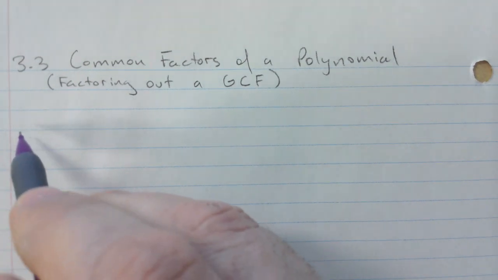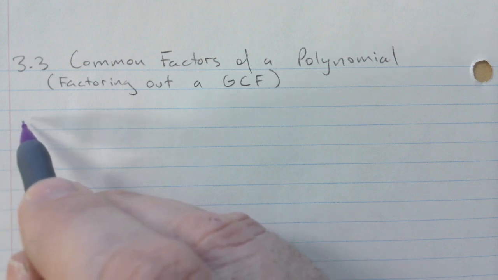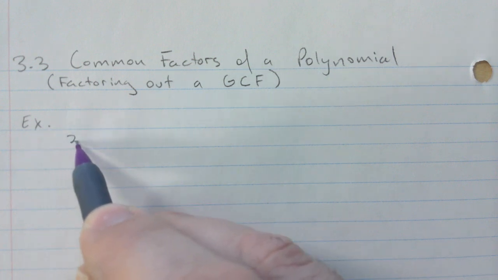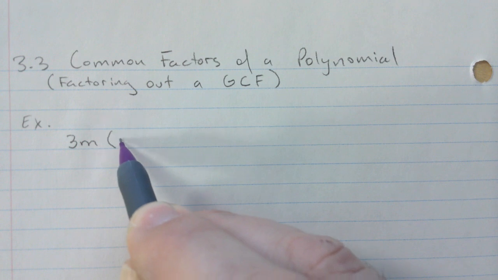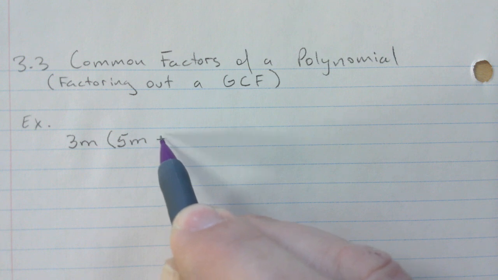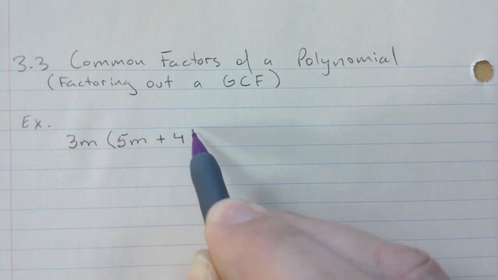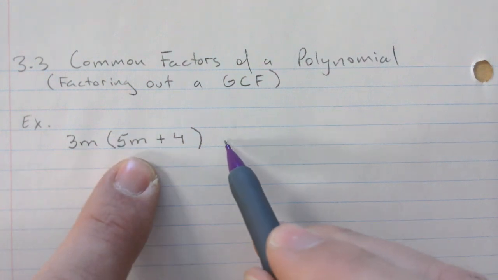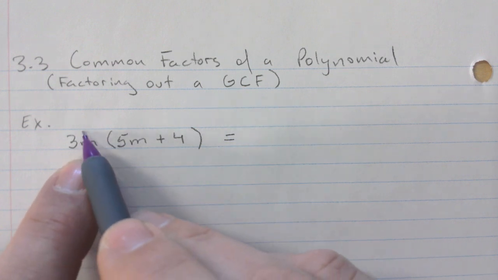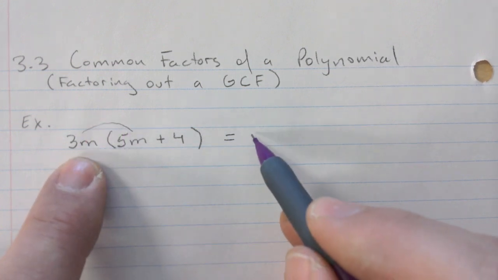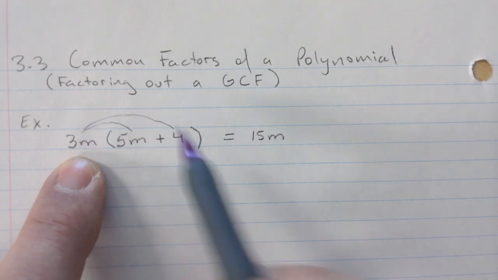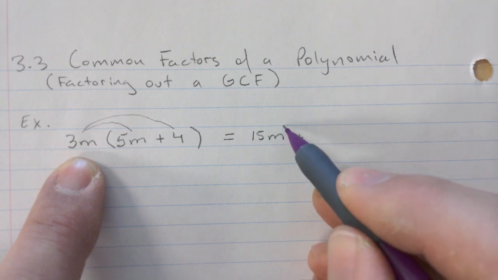And to have a better understanding, if you had 3m times 5m plus 4, up until now, you were like, okay, this would be 3m times 5m, that is 15m, oh sorry, this is m squared.